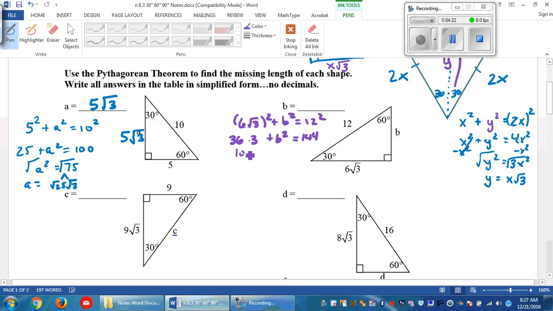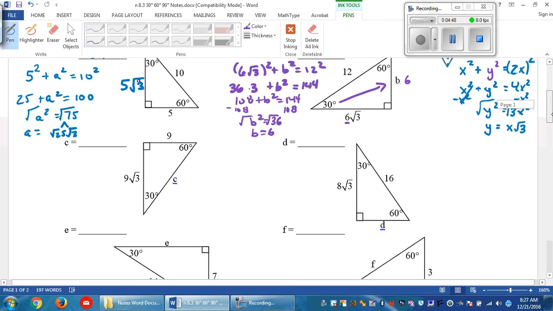So we have 108 plus b squared is equal to 144, minus the 108 over. B squared is now equal to 36, and rooted, b is 6. This missing side is 6. So notice the pattern again. The x side is 6, doubling it, that's 2x, so that's 12. This side is an x root 3.